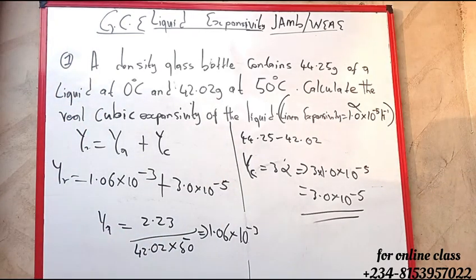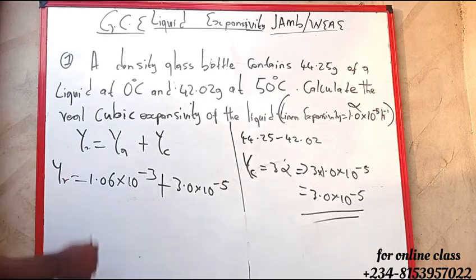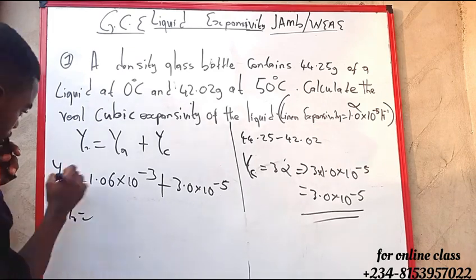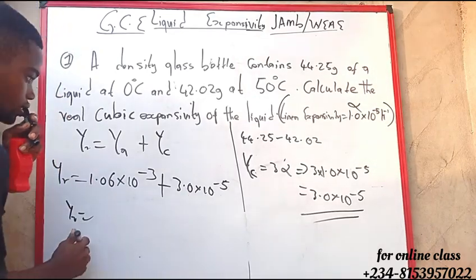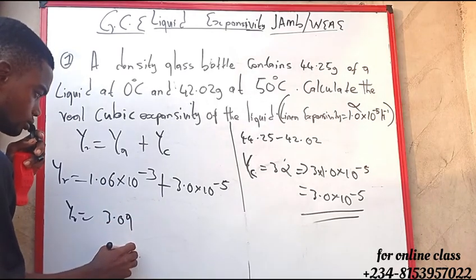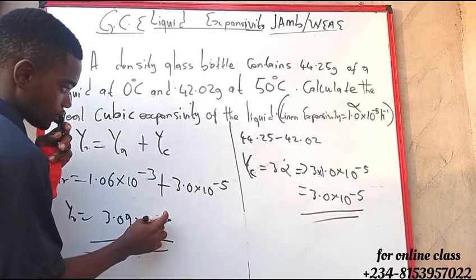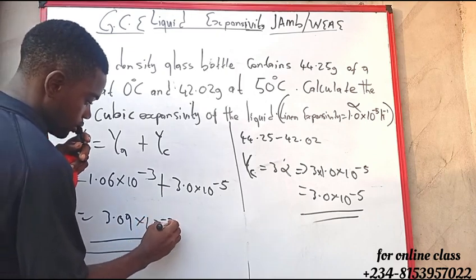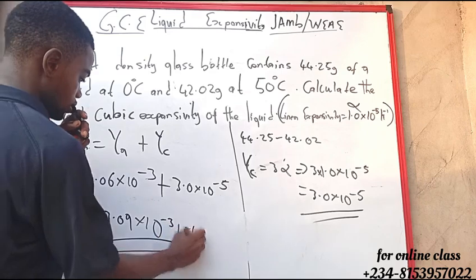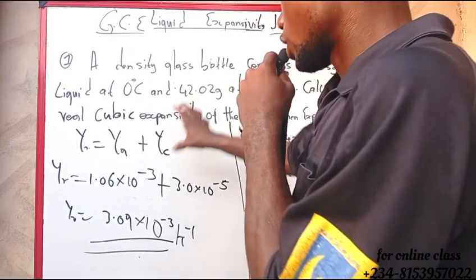Now when you plug this together, this plus this is going to give us about 1.09 times 10 raised to the power negative 3 per Kelvin. So this is our answer for this question.